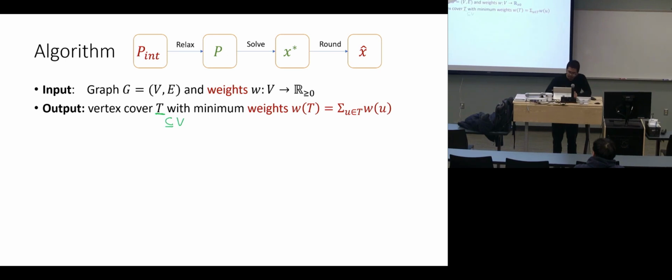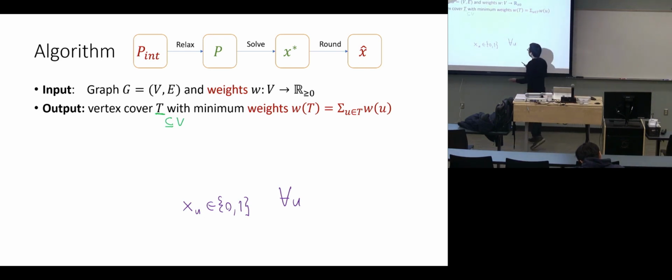So maybe the way to go is to create a variable for each node. And we want to say that this is either 0 or 1, just to say that for each node, you want to choose it or not.